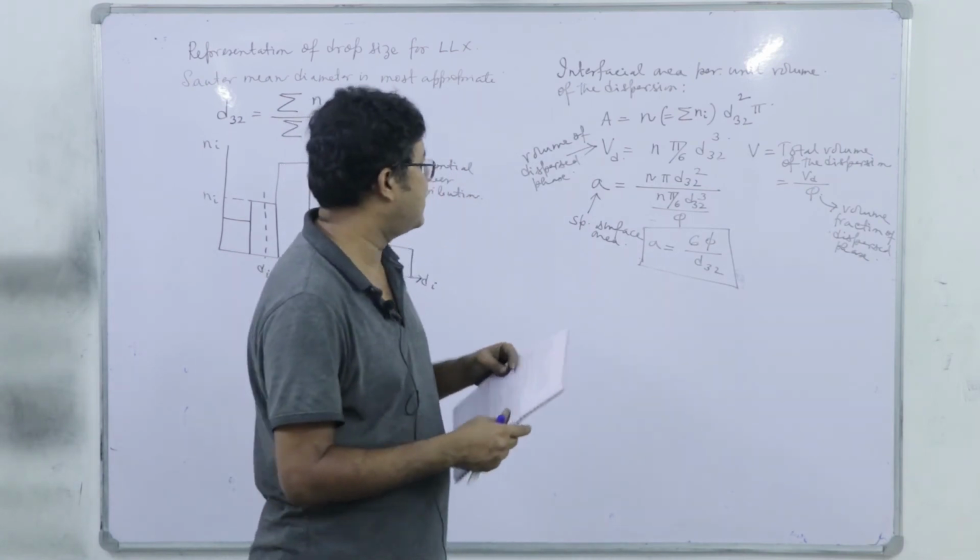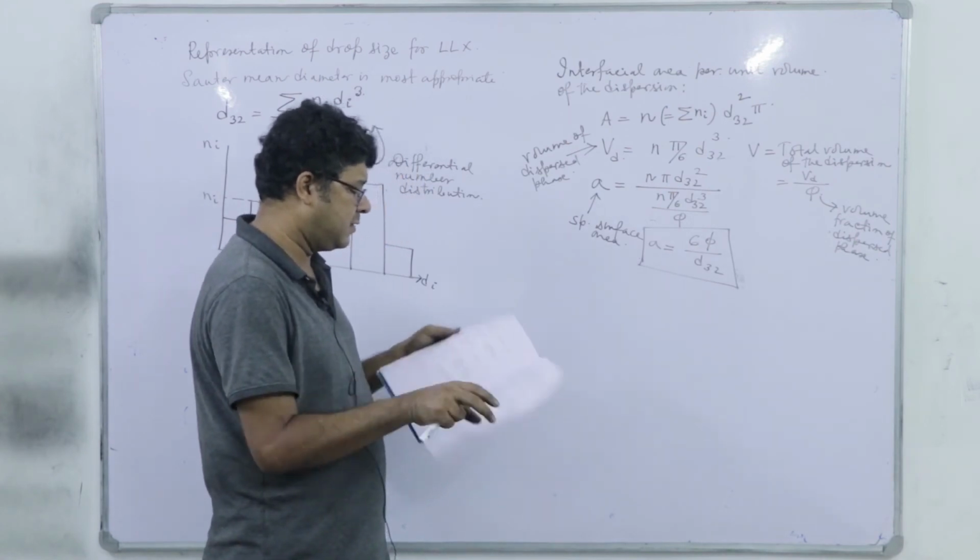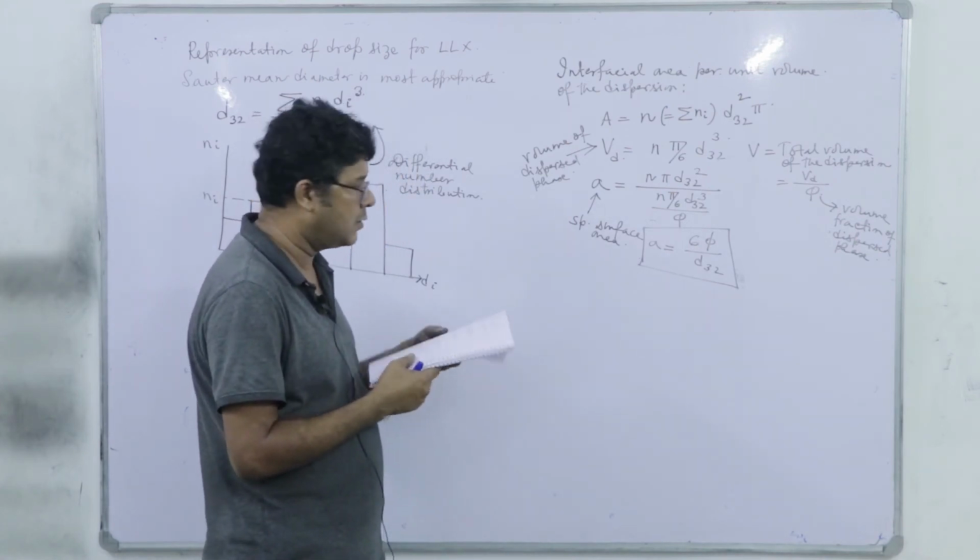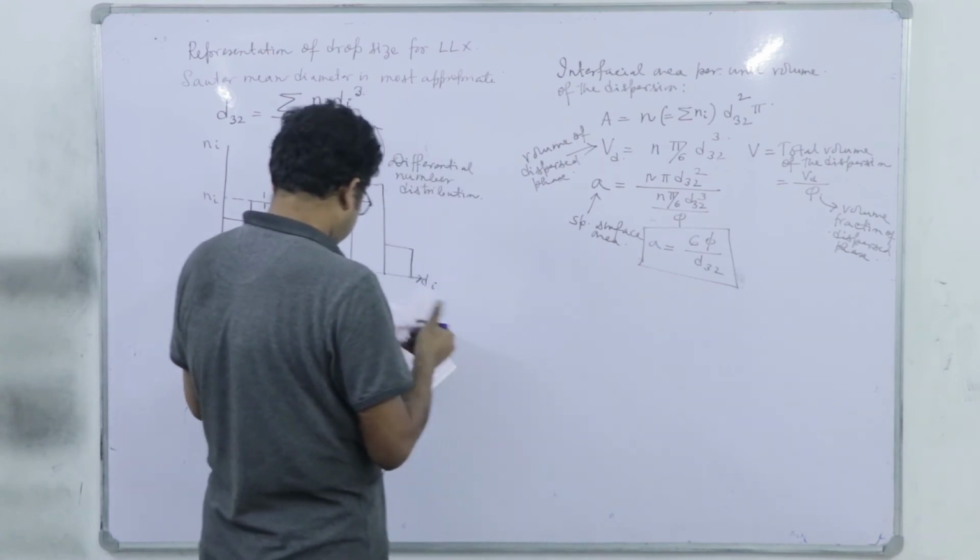And regarding the power consumption, okay, let me write, because you have to understand the structure of this empirical correlation. So, how to get the Sauter mean diameter?